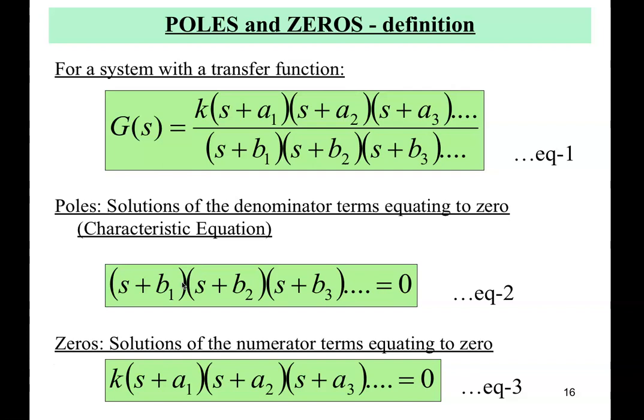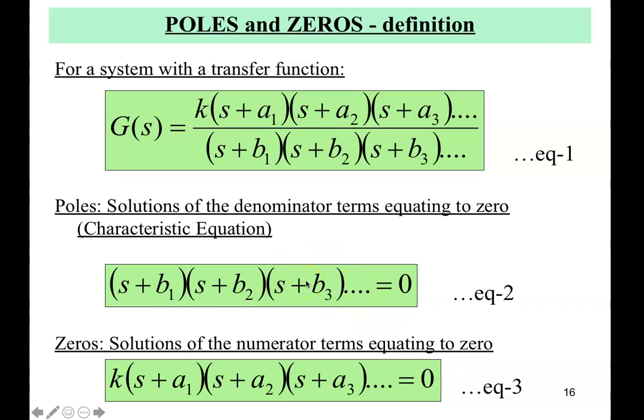Now, once we've done that, we actually looked at the zeros and the poles in your second year. Okay, so you have a general form of transfer function like what we have here in equation number 1. If you equate everything in the denominator to 0, that's your equation number 2.